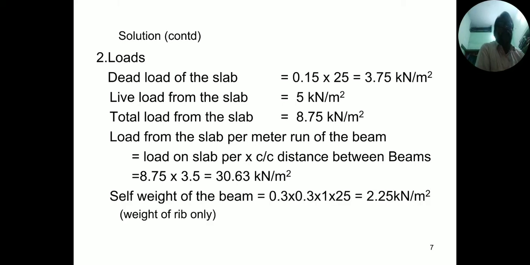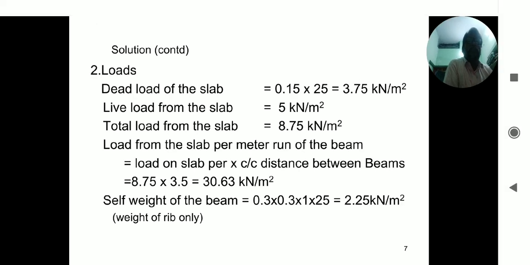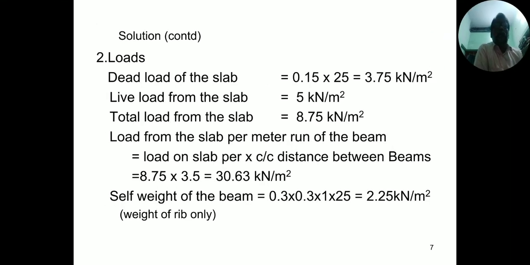Self weight of the beam. That is the dead load on the slab, that is slab only. Here is the self weight of the beam, that is the width of the T beam and depth of the rib: 0.3 into 0.3 into 1 into 25.